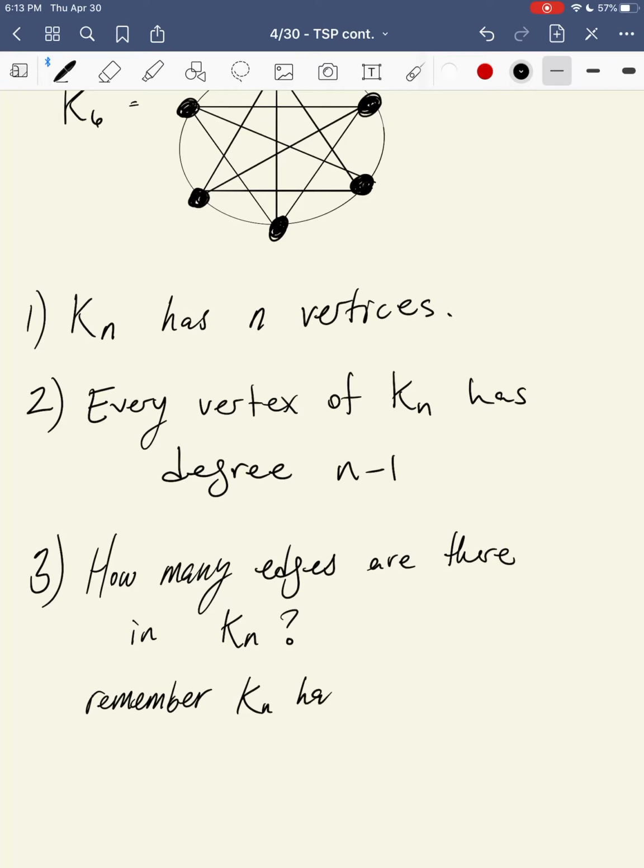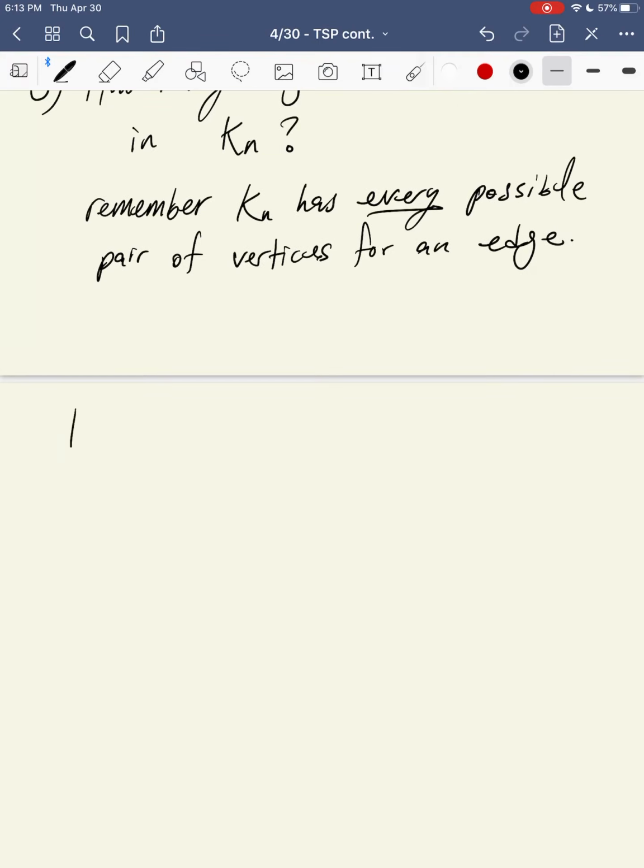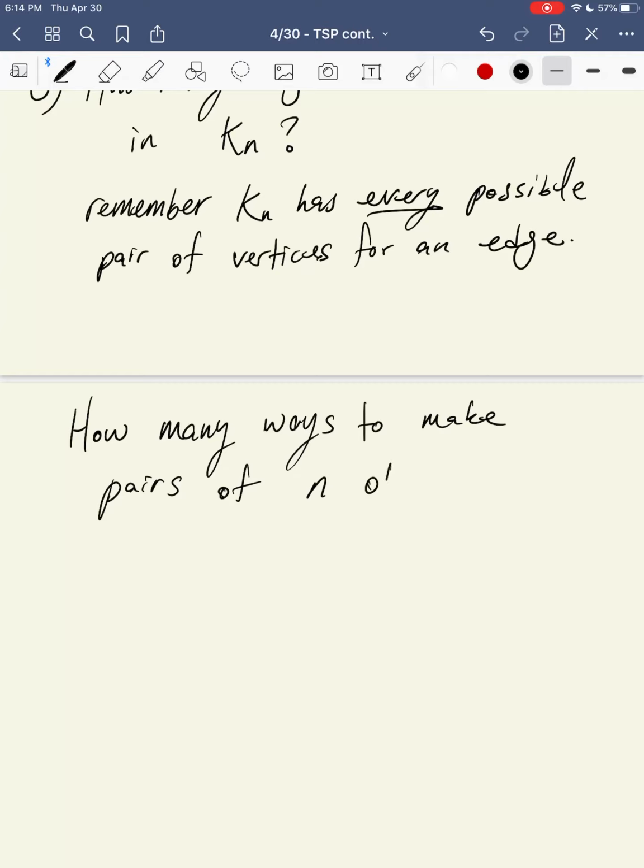Kn has every possible pair of vertices for an edge. How many ways are there to make pairs of n objects? We've done this earlier this semester, so things should be coming back.